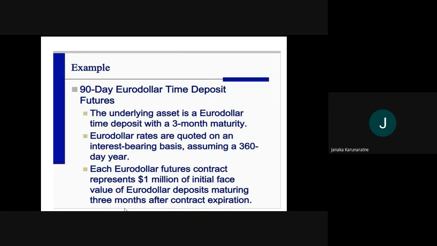Each euro-dollar futures contract represents 1 million of initial face value. So if you want to buy a euro-dollar futures contract, one contract size is always $1 million. $1 million face value, not the market price, face value.